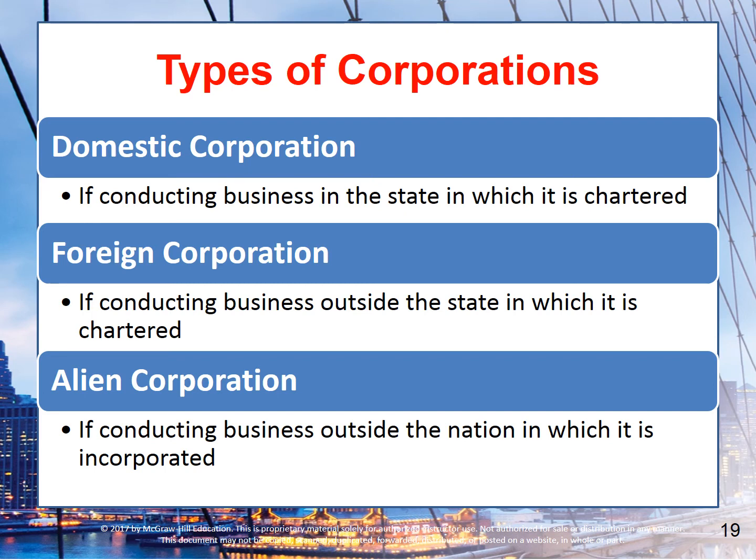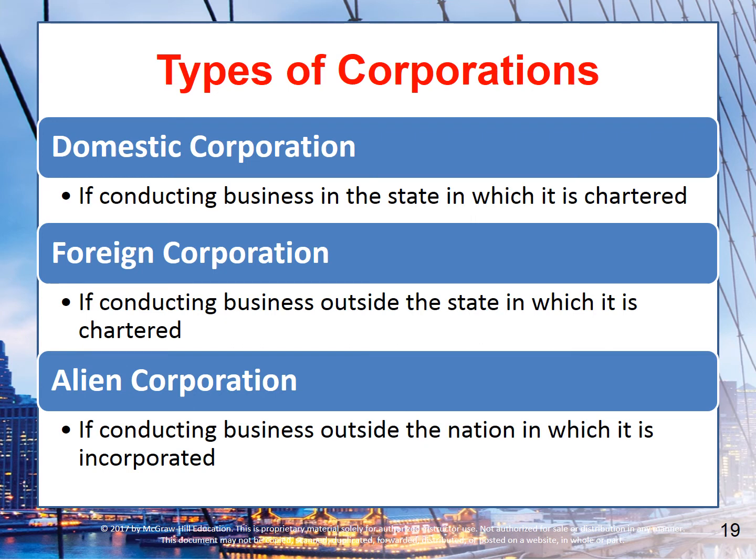So let's talk about some of the different types of corporation. We're only going to hit on the major ones. If you're looking at becoming a corporation, make sure you do your research. We have a domestic corporation, and that is a corporation that conducts business in the state in which it is chartered. A foreign corporation is a corporation that does business outside the state in which it's chartered.